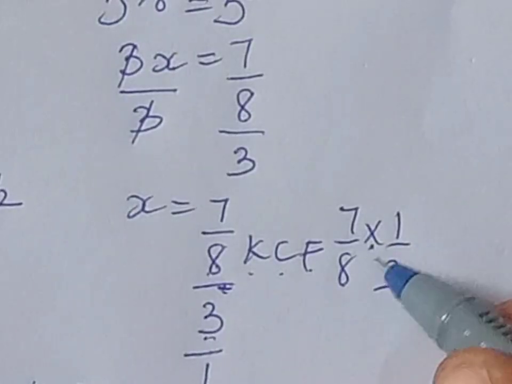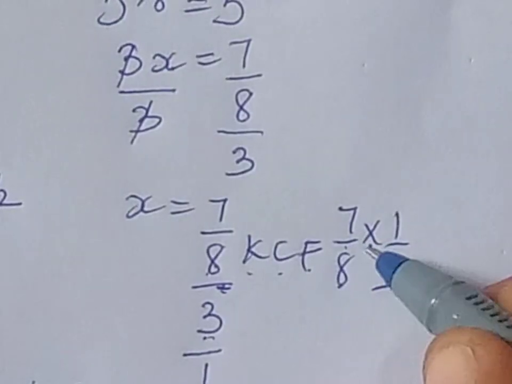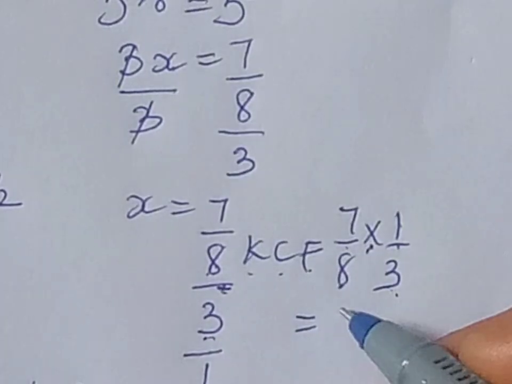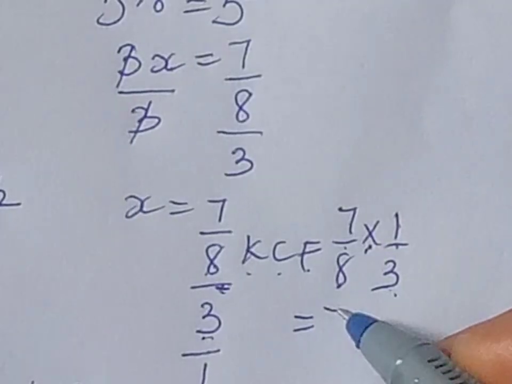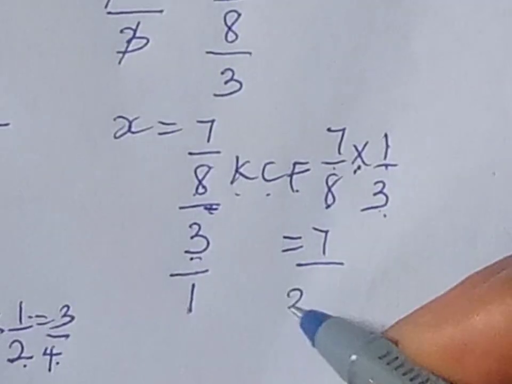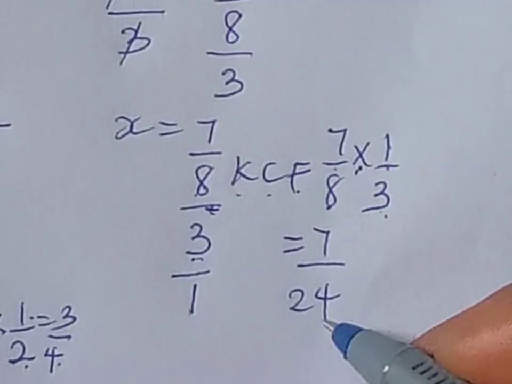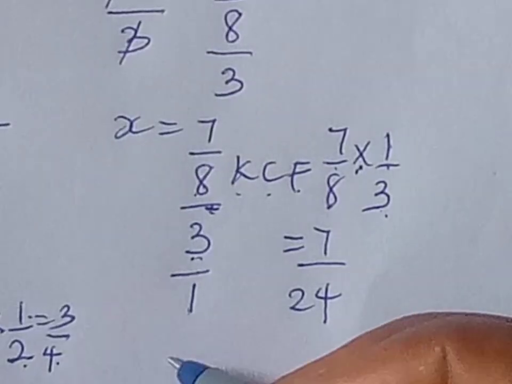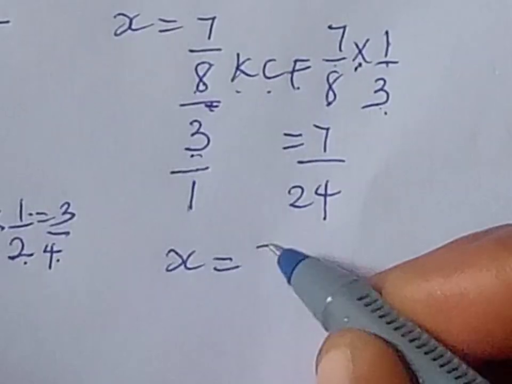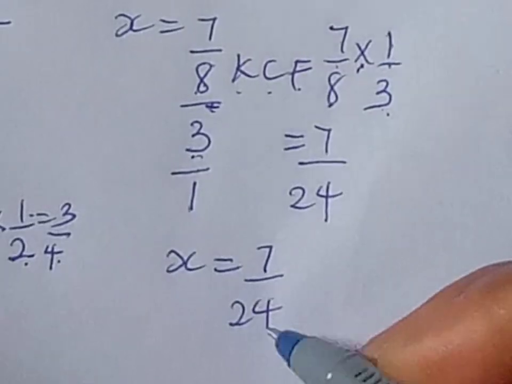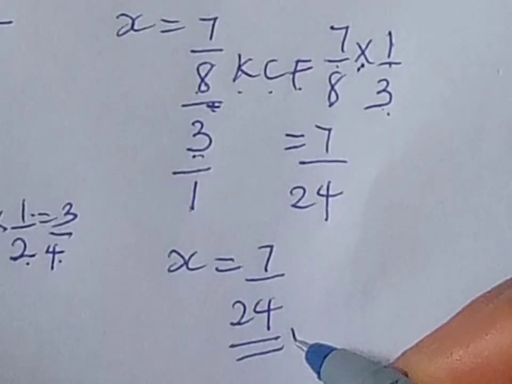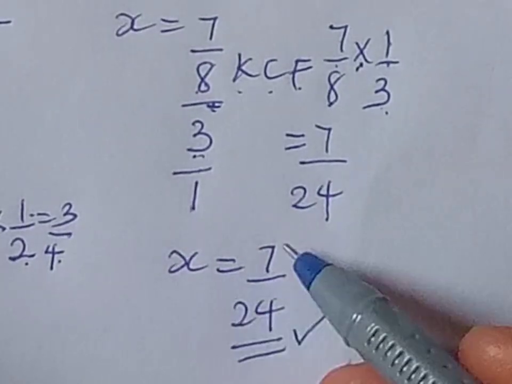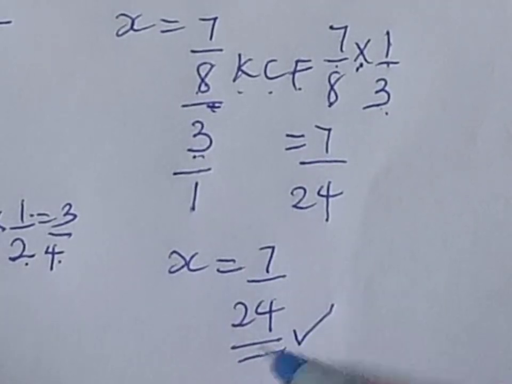So at the end of the day, 7 divided by 8 multiplied by 1 divided by 3 will give us 7/24. Therefore, our x equals 7/24, which is correct. Now let's verify if our x truly is 7/24.